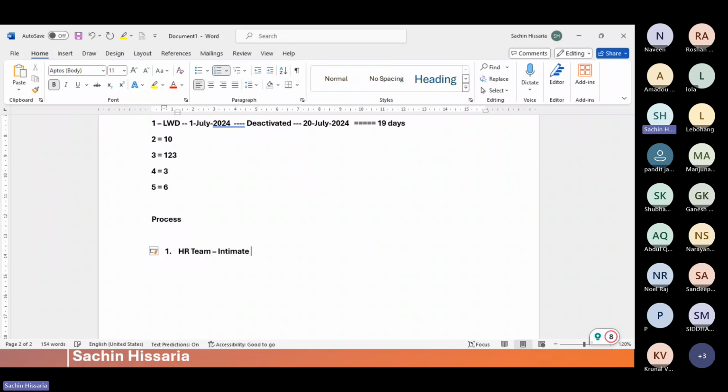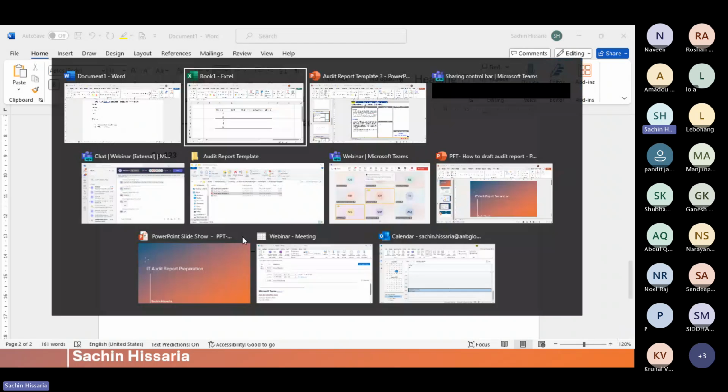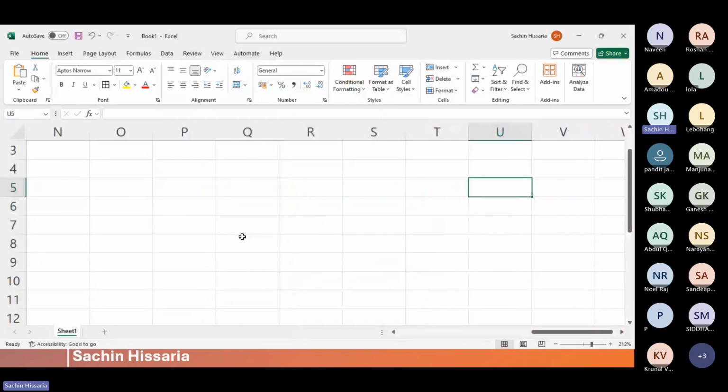They intimate the IT team that this is the last working day of the employee, and please make sure that all the accesses assigned to this person have been revoked, correct? The HR team will do the intimation, then the IT team will execute it. The job of the IT team is to execute it. Now, in this case, suppose you have to identify whether this was a delay from the HR side or from the IT team.